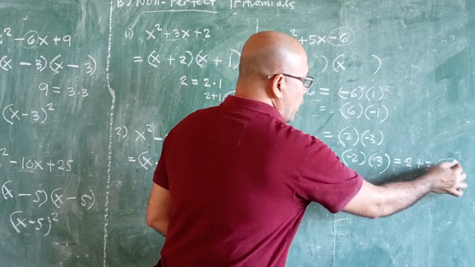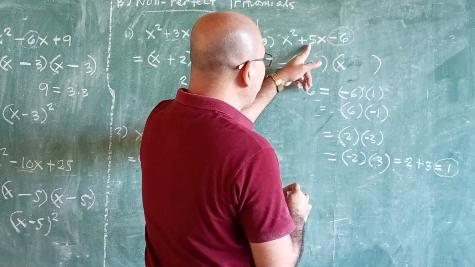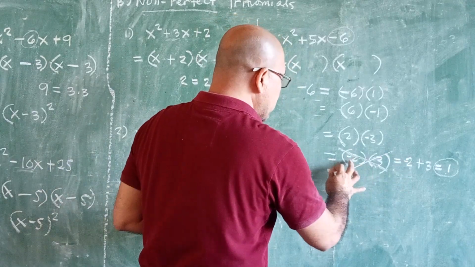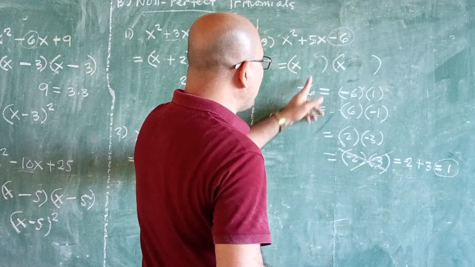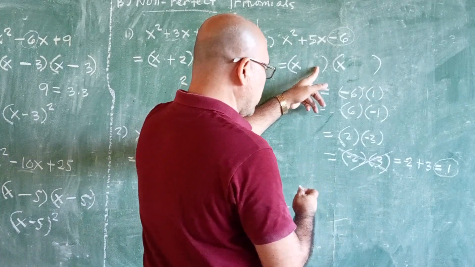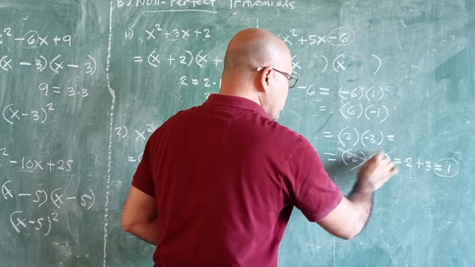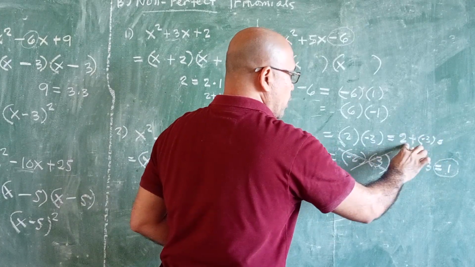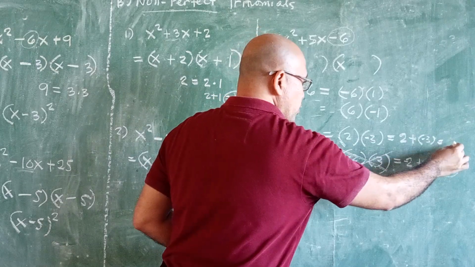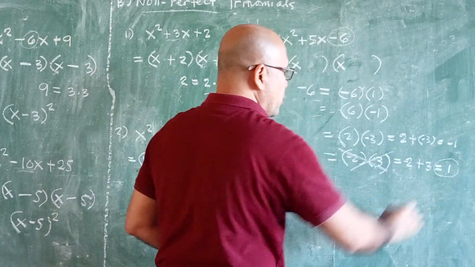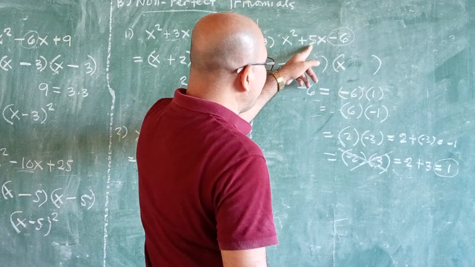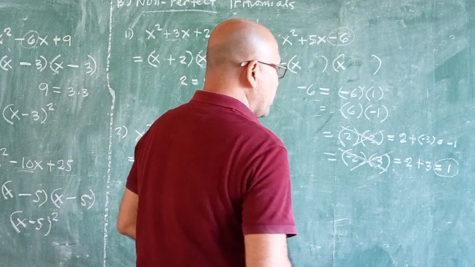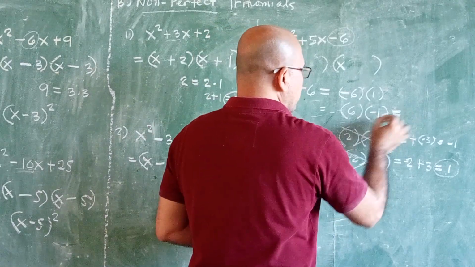And since 1 is not the same as the coefficient of the middle term, you disregard immediately that these factors are not the required factors that you need to use here. And then you proceed like 2 plus negative 3. Still, you are adding two unlike signs. The result is you have to get your difference, that is negative 1. And the coefficient here is positive 5, so therefore you disregard this as the factors that you need for the last term.